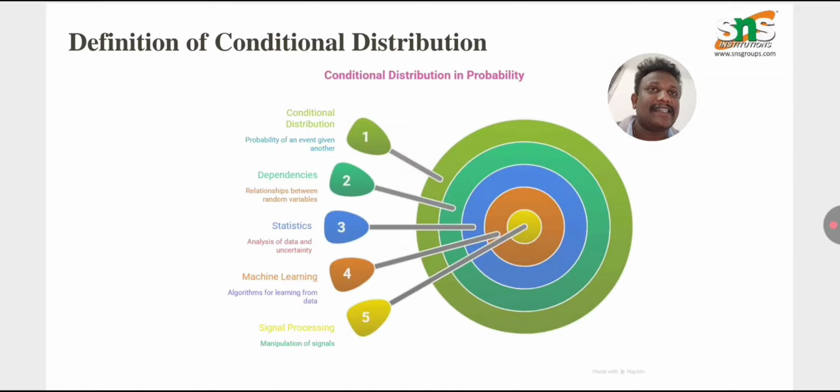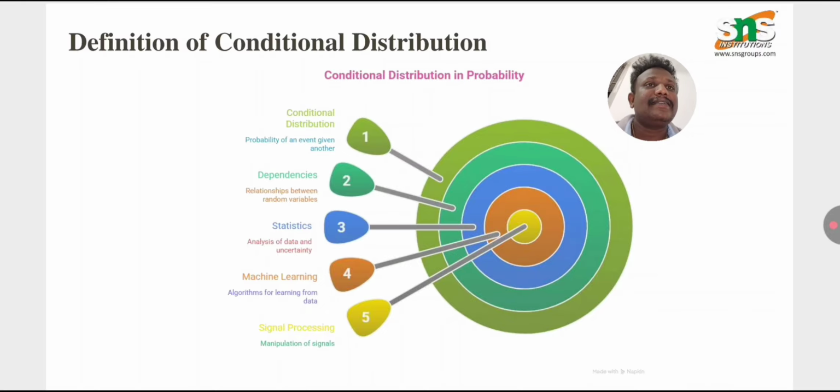P of capital X equal to small x, given capital Y equal to small y, is equal to P of X equal to x, comma, Y equal to y, whole divided by P of Y equal to y. The numerator is the joint probability and the denominator is the probability of the condition. The key idea of this concept is to focus on relevant information, reduce uncertainty, and make better predictions.